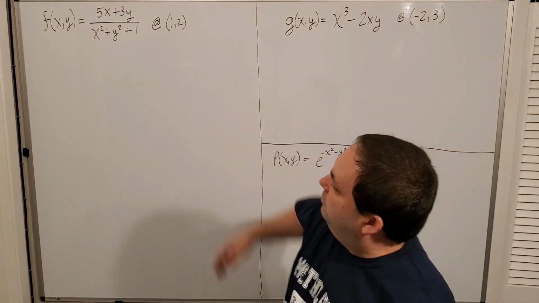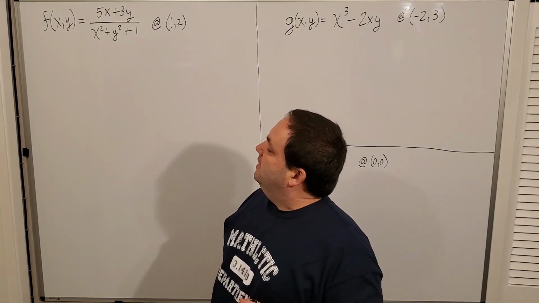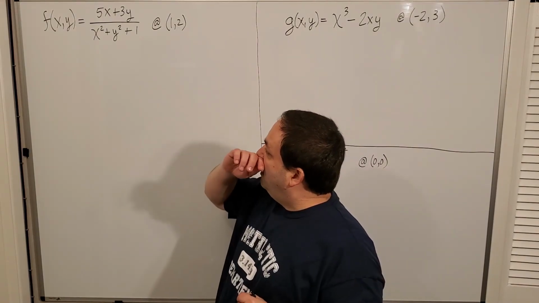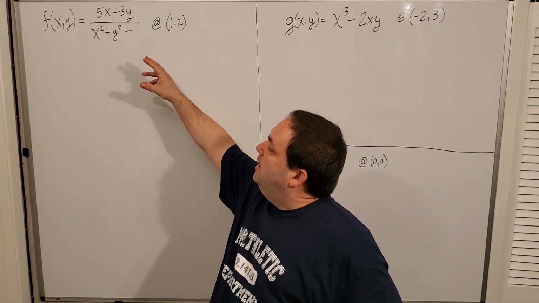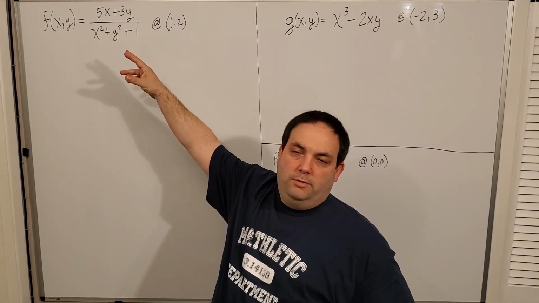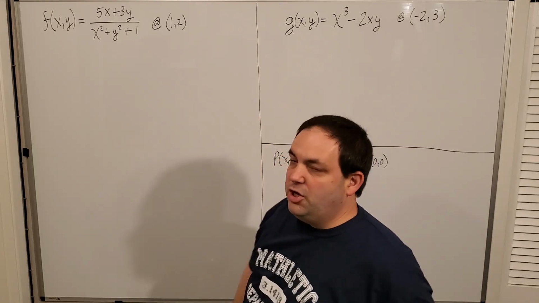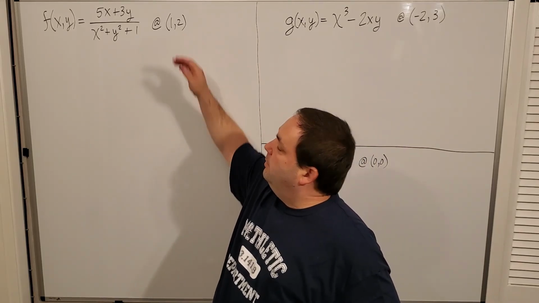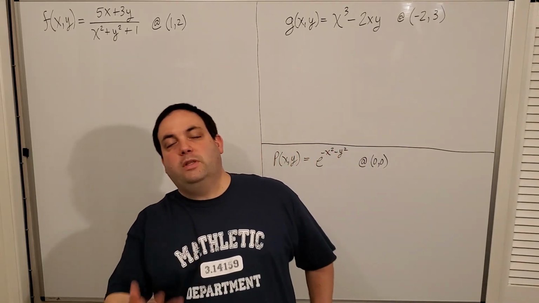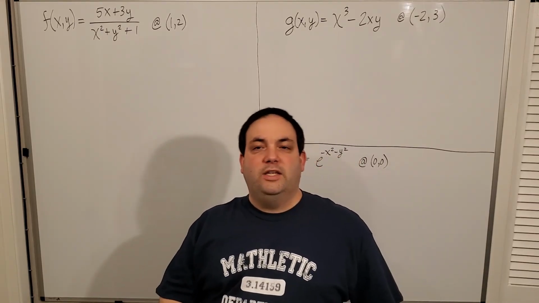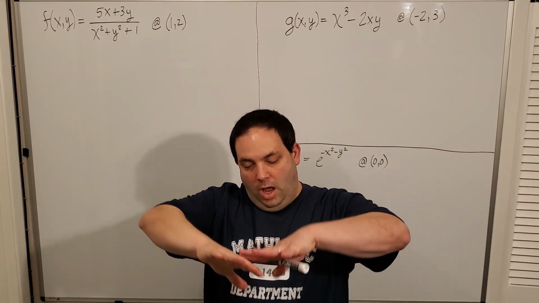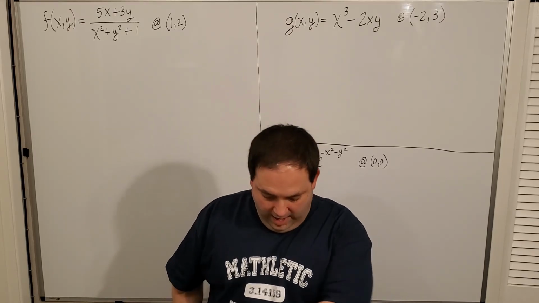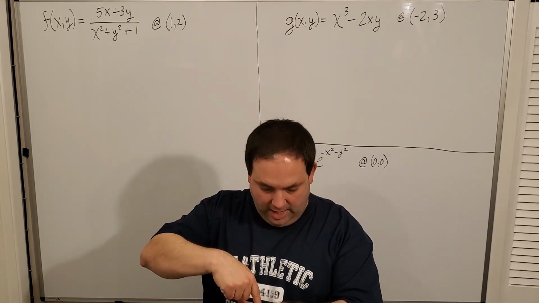Okay, so the function of x,y, f of x,y, is (5x plus 3y) over (x squared plus y squared plus 1). And then we're interested in the domain point (1, 2). So remember what that means is my x is 1, my y is 2 for this example, but I've got the whole surface and my xy plane has that point.